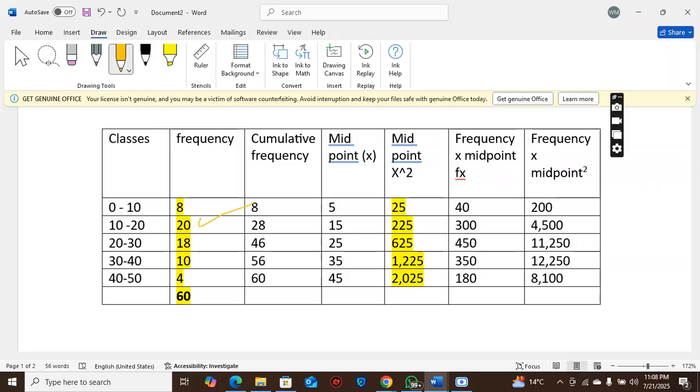8 plus 20, 28. 28 plus 18, 46. 46 plus 10, 56. 56 plus 4, 60. Are we okay with that, colleagues?